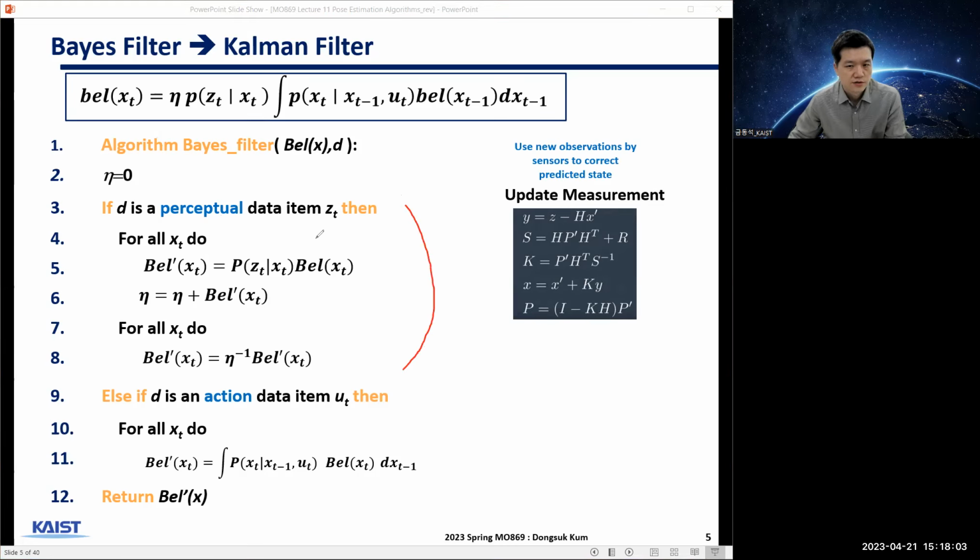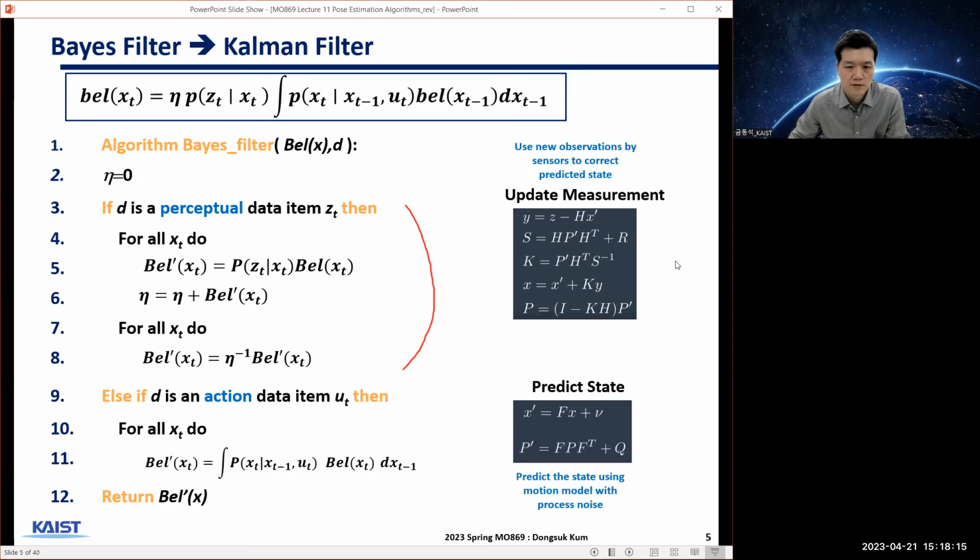This part updates, so corrects the distribution based on the measurements, and then there's this prediction state using motion model and the action input to the model. So this is the prediction part.